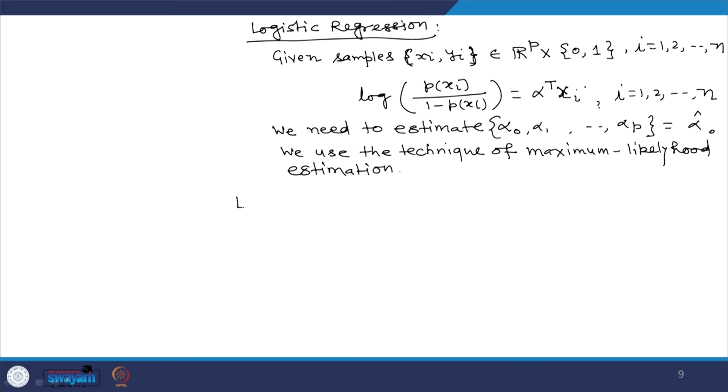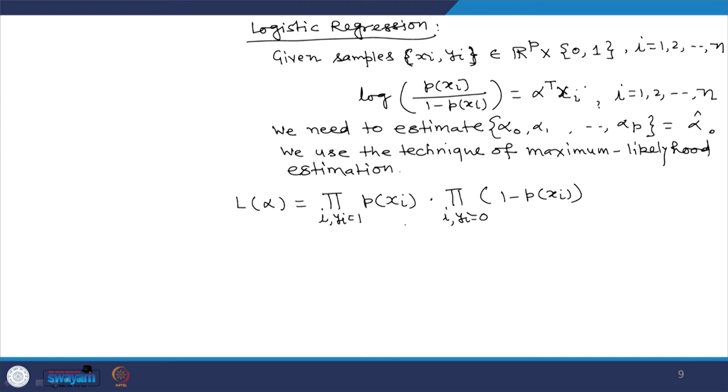I will define the likelihood function of alpha, capital L of alpha, which is nothing, just the product over all i where y_i belongs to class 1 of the probabilities p(x_i), times the product over i where y_i means class 0, all patterns from class 0, of 1 minus p(x_i).